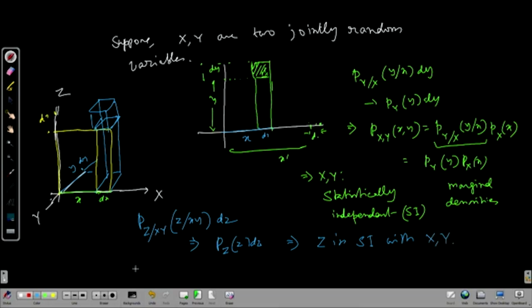In this case, we will have P x y z, you can write as P z by x y times the joint density of x y, and this is nothing but P z only now.